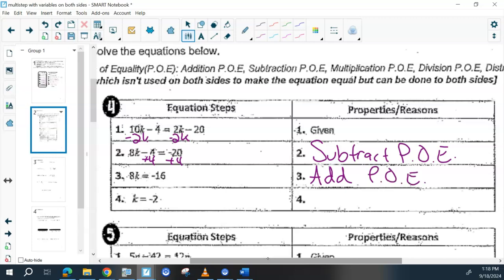And then step 3 to step 4. Divide, yes. Both sides by 8. Division property of equality. Okay. We're going to do another one together, then I'll have you guys do one really quickly.